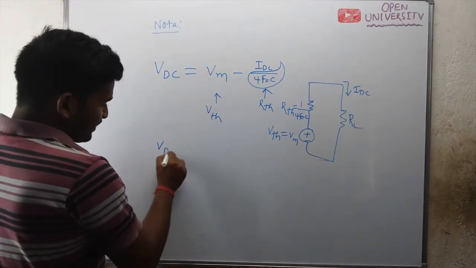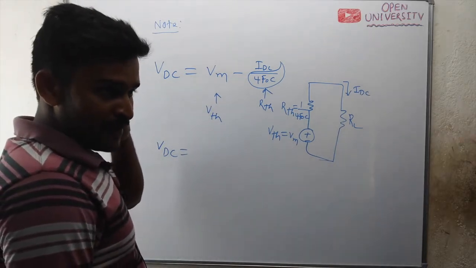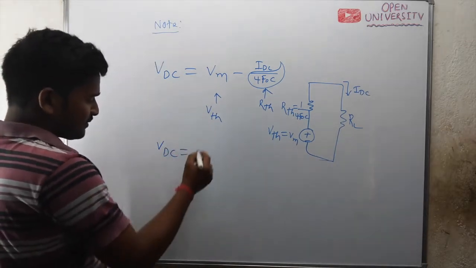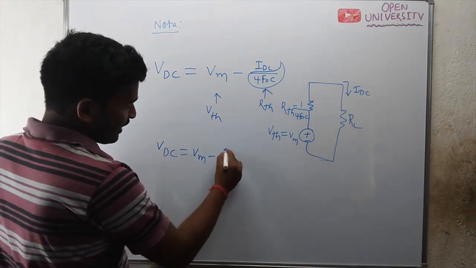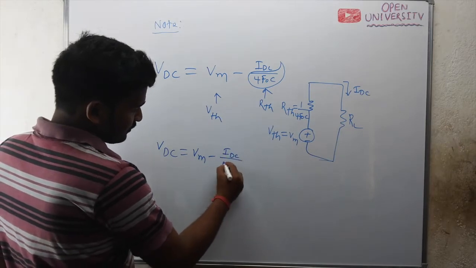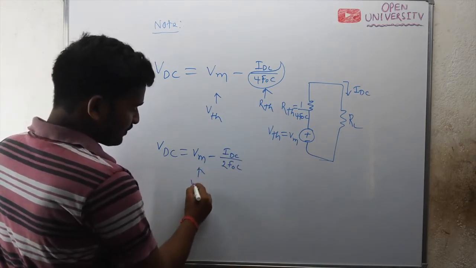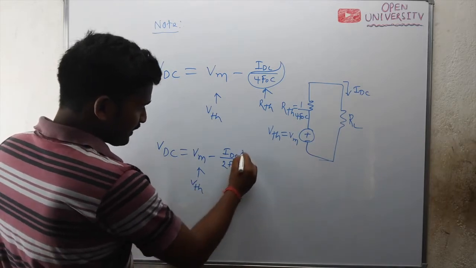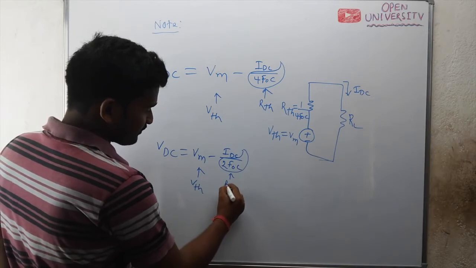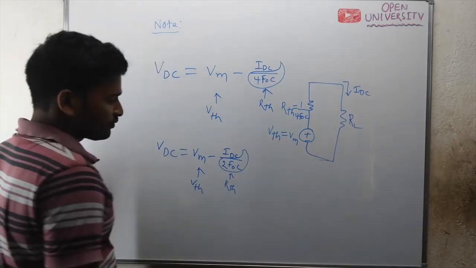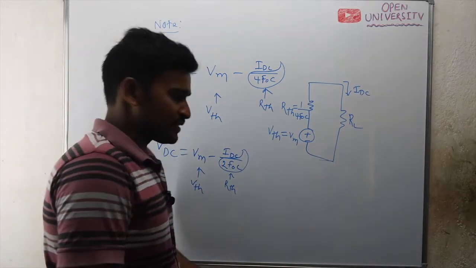What will be the Thevenin's equivalent circuit of your half wave rectifier with capacitor filter? What was the DC output voltage? It was Vm minus Vr by 2 equal to IDC by 2 F naught C. Then VTH equal to Vm and RTH equal to 1 by 2 F naught C. VTH value is the same in both cases.